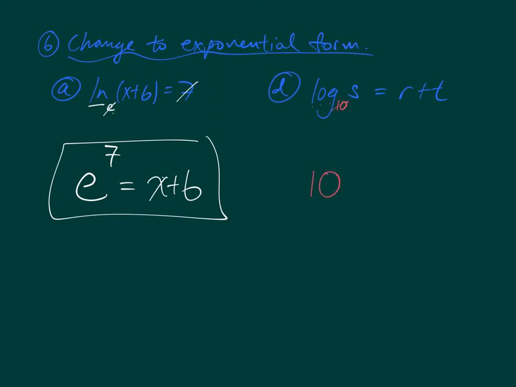So that takes care of the 10. This part over here, whatever the log is equal to, that is the exponent, r plus t. And whatever's left, so we've taken care of that, whatever's left is this s. That's what the exponential piece is equal to. So there we have 10 to the r plus t equals s.